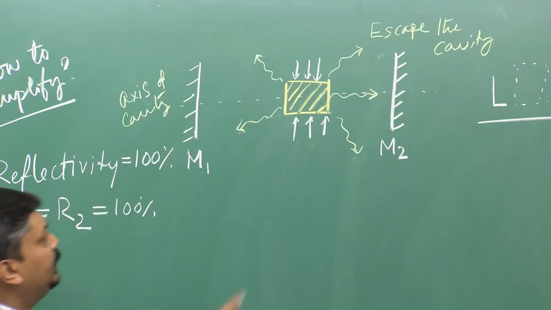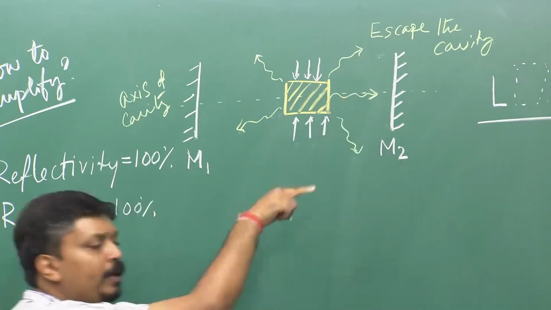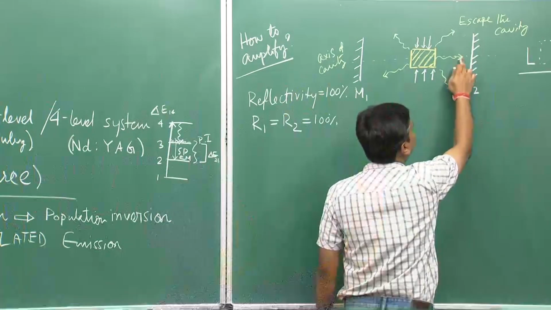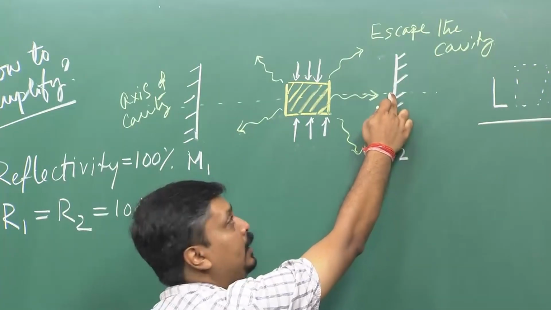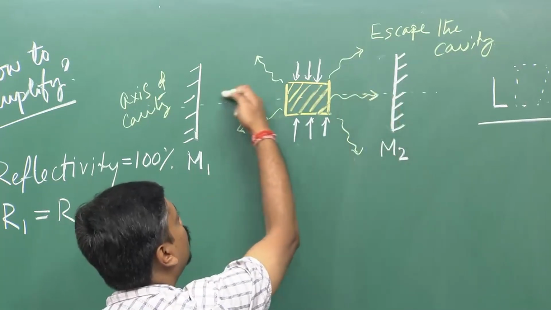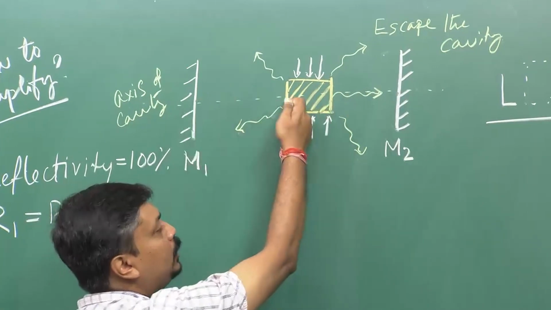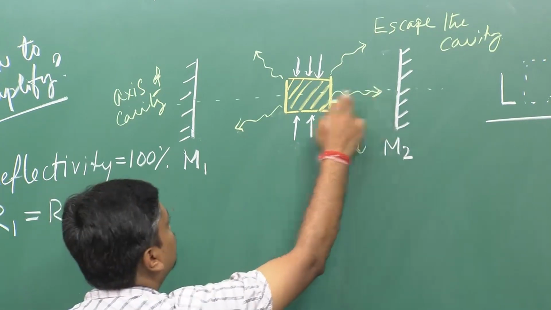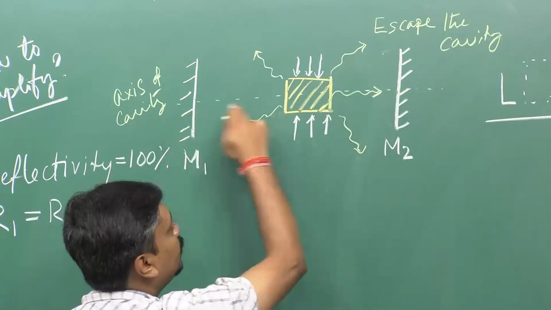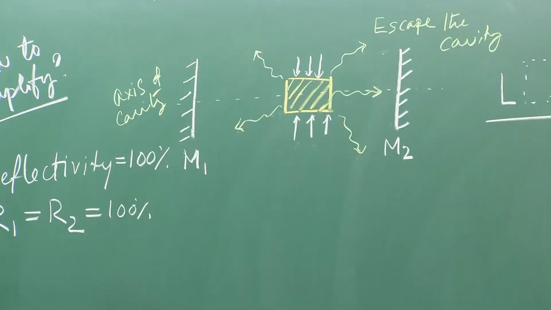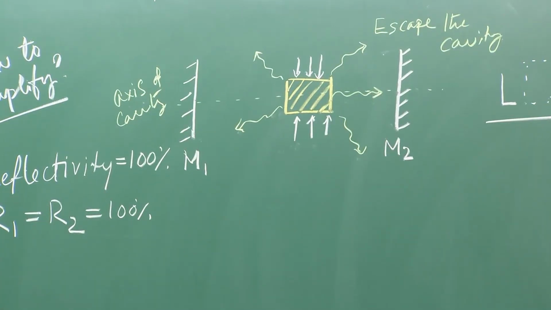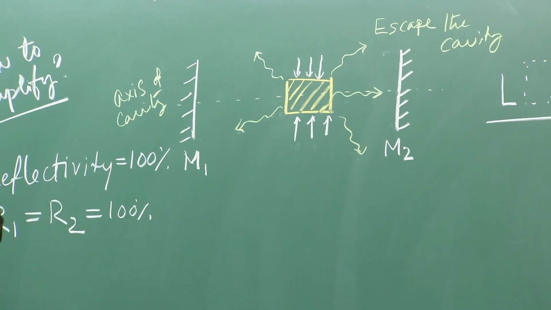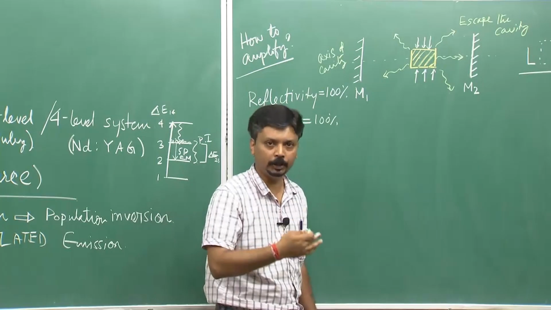But this photon which is moving along the axis will be reflected back here and then reach here, passing through the active medium. So, it will start bouncing between these two mirrors, and every time it will go through the active medium, causing more and more stimulated emission.